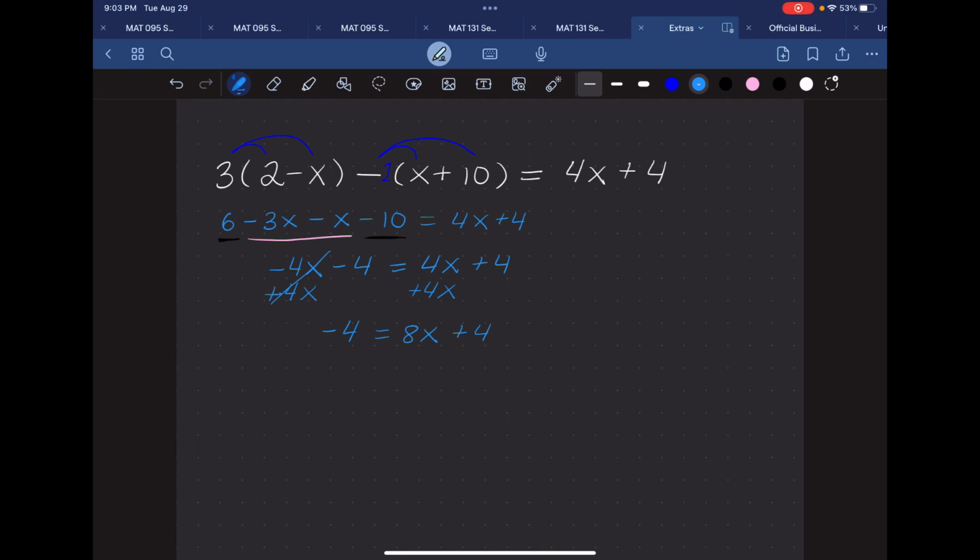Now I can subtract 4 from both sides, and I get negative 8 is equal to 8x. Finally, I can divide both sides by 8, and I get x is equal to negative 1.